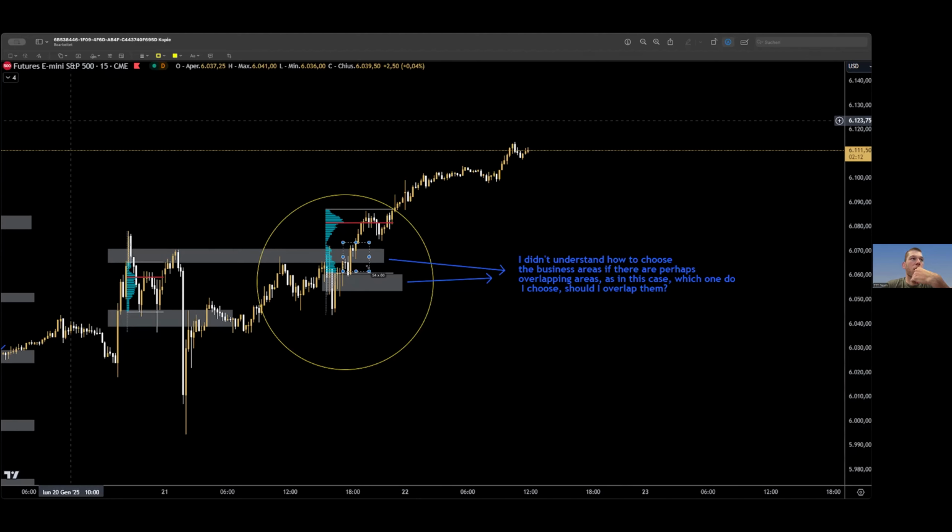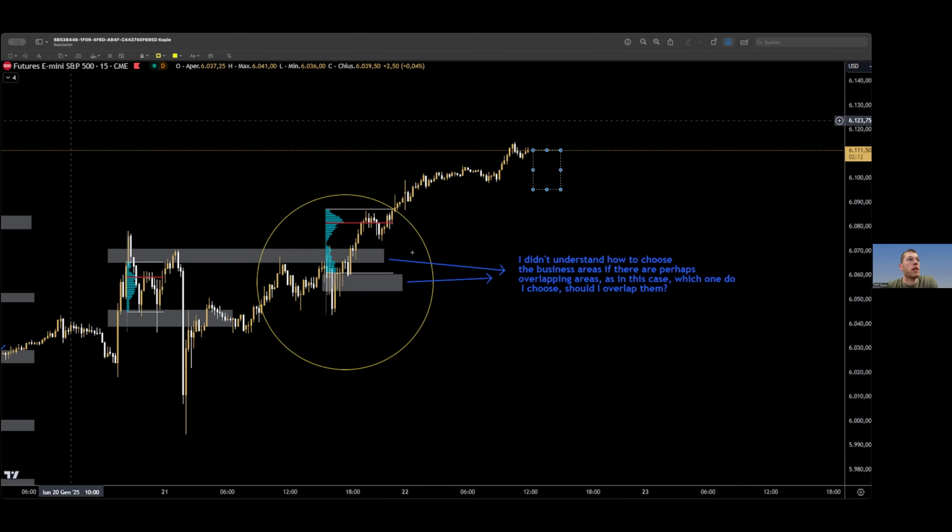So this business zone is already traded through, as you can see. And of course, there can still be a retest to the business zone today, but there's just too much information if you extend all the naked business zones to the right. That's why the rule for me is I will leave them saved in the chart as long as it's in the same contract. As soon as there's a rollover, I will delete them.